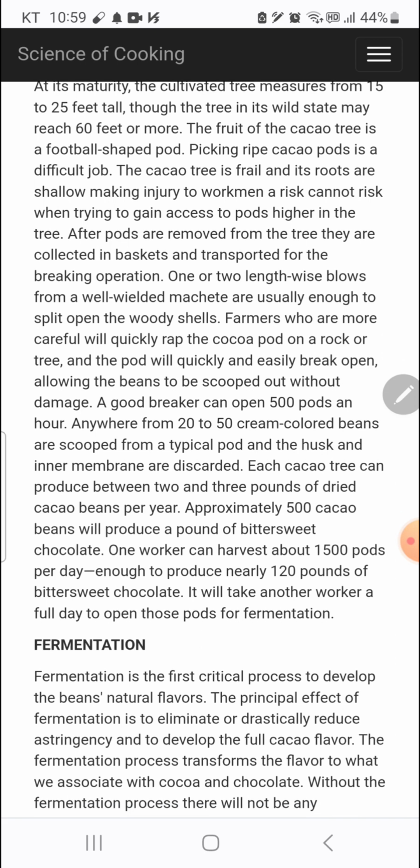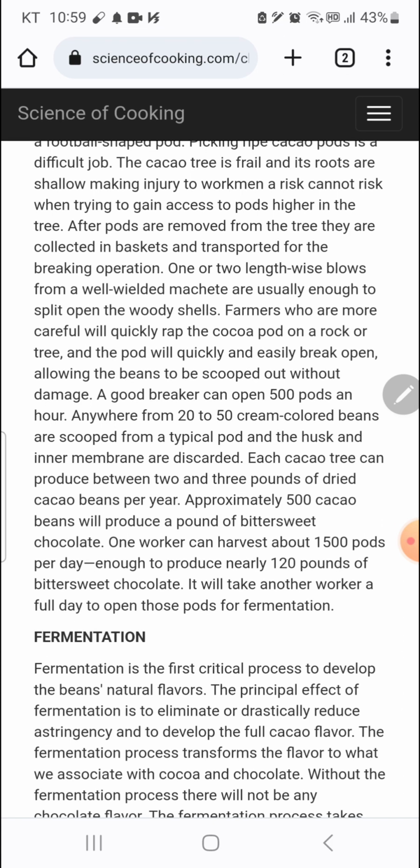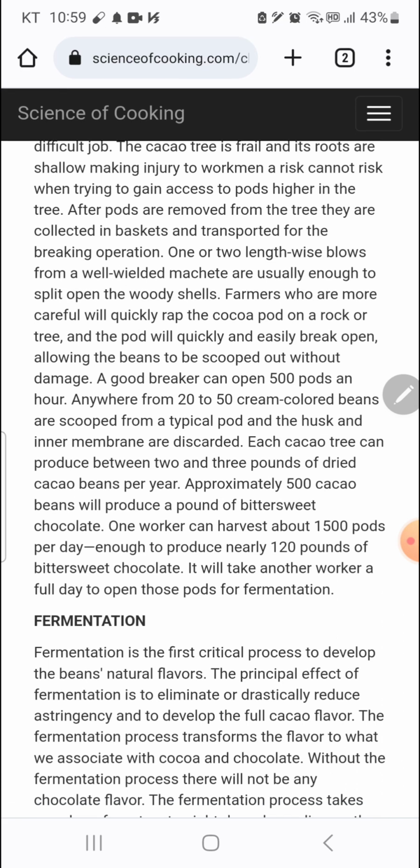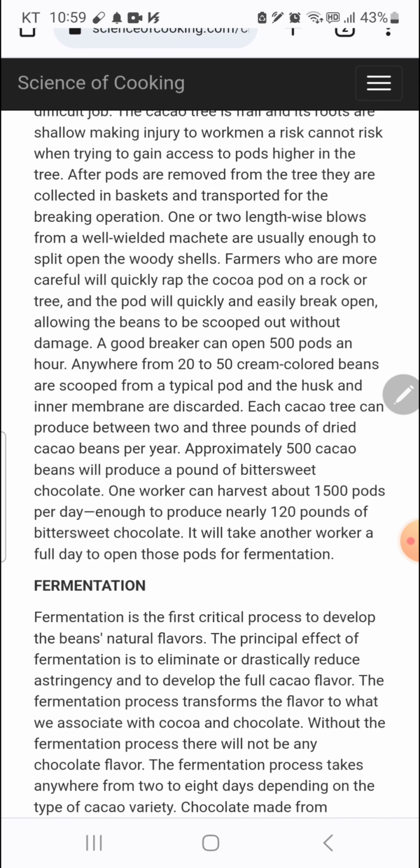They cannot risk it when trying to gain access to pods higher in the tree. I think there's a typo, something like that. After pods are removed from the tree, they are collected in baskets and transported for the breaking operation.